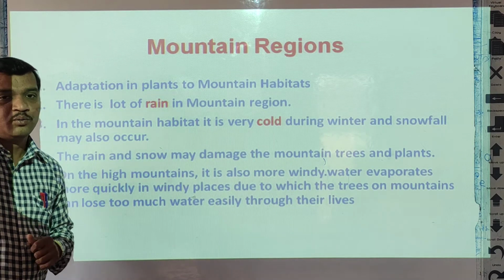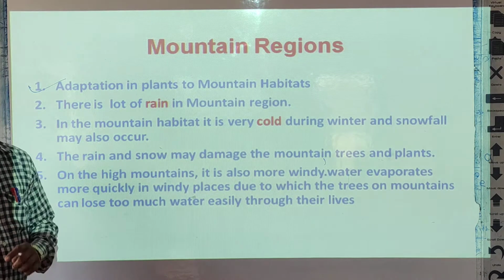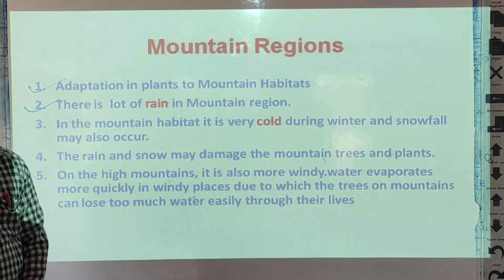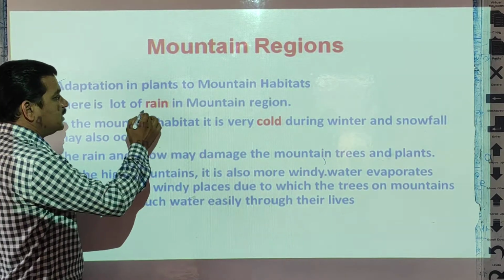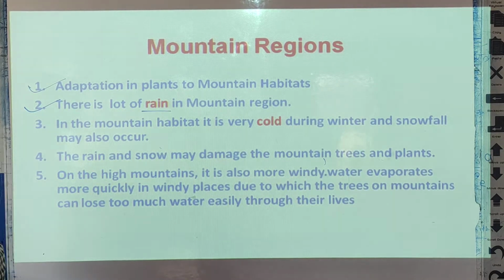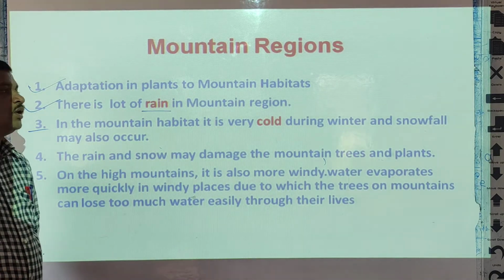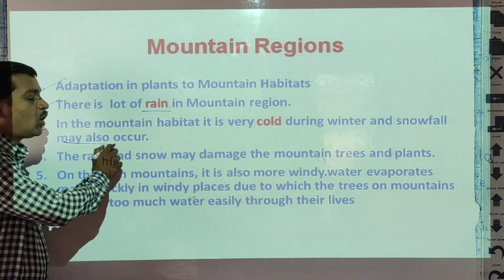So we will see now one point. The adaptation in plants to mountain habitats. There is a lot of rain in the mountain region, as I have already told you. The second thing, in the mountain habitat it is very cold during winter and snowfall may also occur.